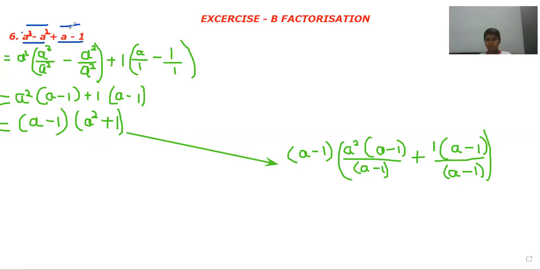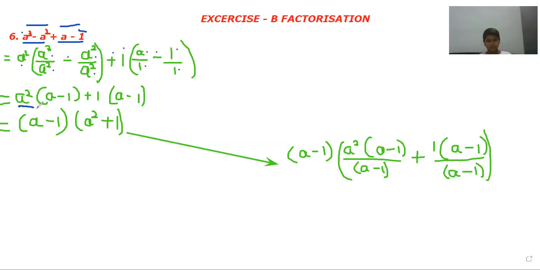Then in this term, the common factor, you guess, is 1. So we keep a square, then a cube divided by a square, minus a square divided by a square, plus 1, a divided by 1 minus 1 divided by 1.